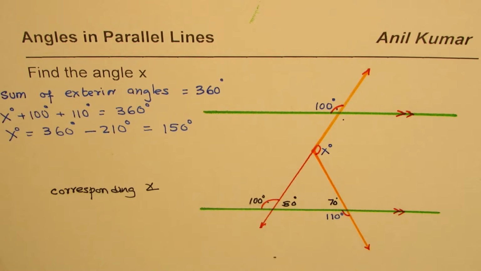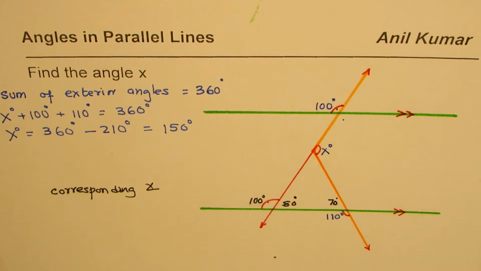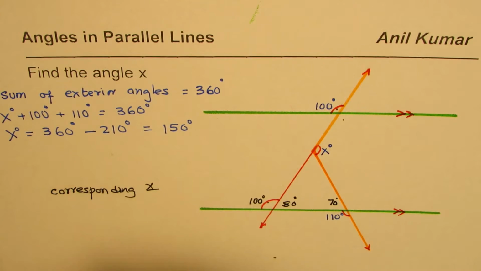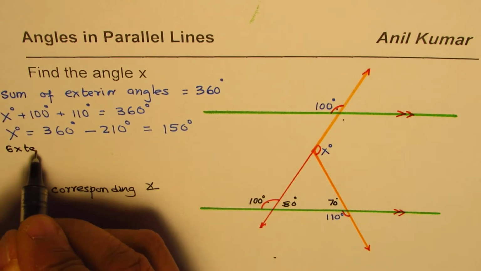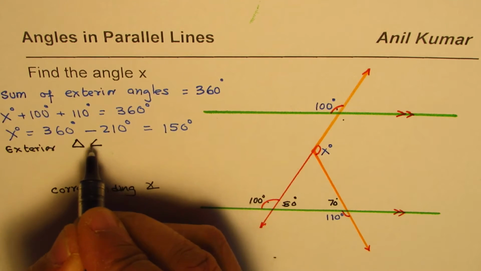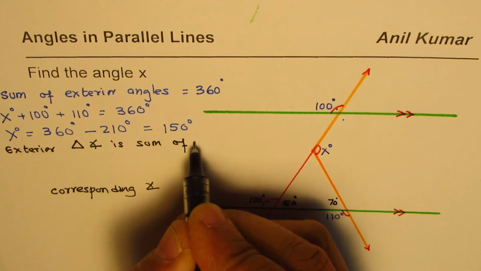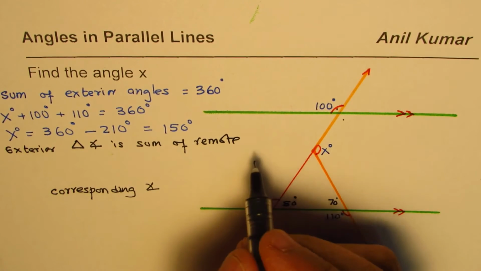So now we are applying the second method to find the value of x, and this time it is an exterior angle. We know an exterior angle of a triangle is the sum of the remote interior angles, that means the ones on the far end.